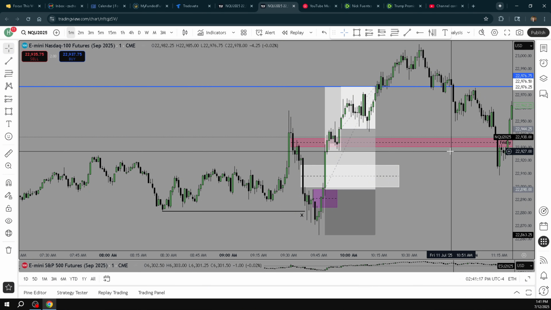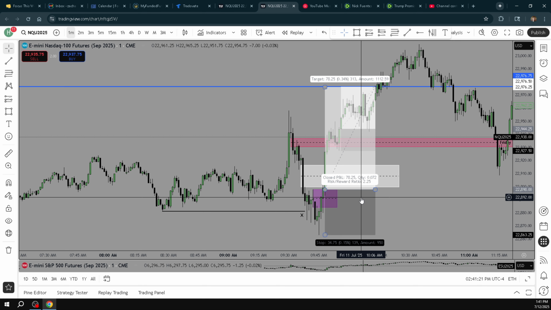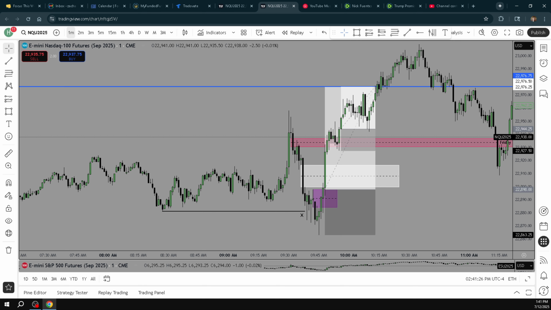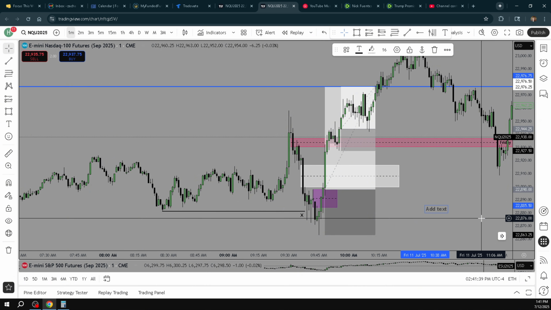The first trade's profit would be, let's see, 210 times 2.25. Let's grab my calculator here and bring it on the screen. So 2.25 times 210, our original risk, that's 472.5.